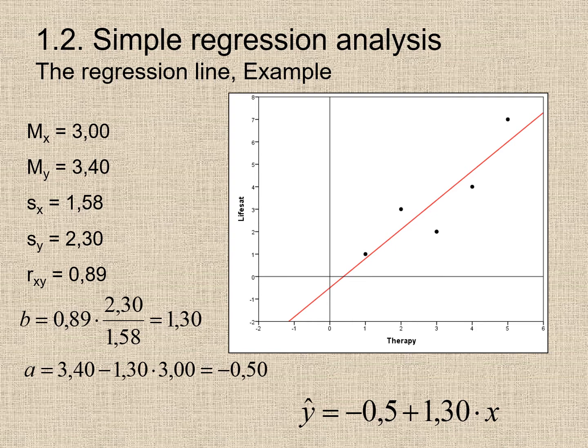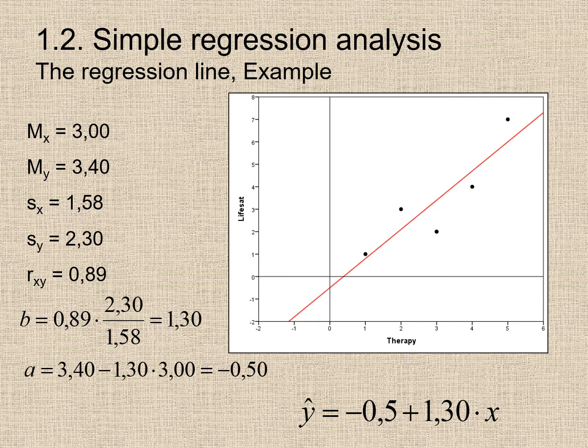You have really, really low life satisfaction. Does it make sense? No. We're outside the scale. And that happens quite often. So what do we learn from this? Well, we learned that the intercept quite often is not sensible.